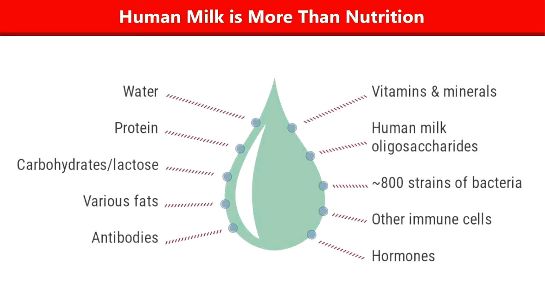This includes micronutrient components such as vitamins, minerals, important components like antibodies and immune cells, hormones, but for me, importantly, the whole range and diversity of different types of microorganisms, including bacteria, viruses, and fungi, but also importantly, the food that helps feed those bacteria and other microorganisms, called human milk oligosaccharides, in the early establishment of the infant gut microbiome.